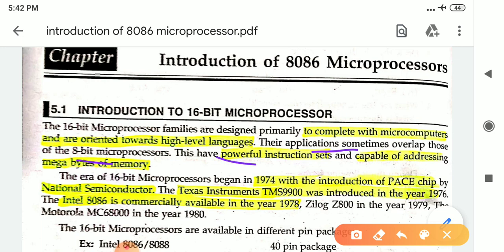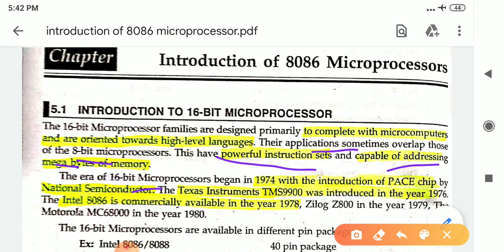It has powerful instruction sets and is capable of addressing megabytes of memory, whereas the 8-bit microprocessor, the 8085, can address only kilobytes of memory. But the 16-bit microprocessor, the 8086, has powerful instruction sets and is capable of addressing megabytes of memory.